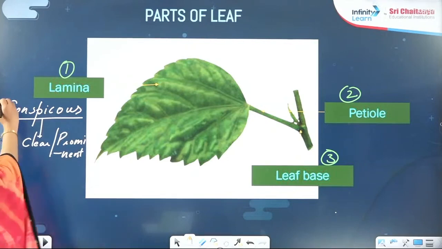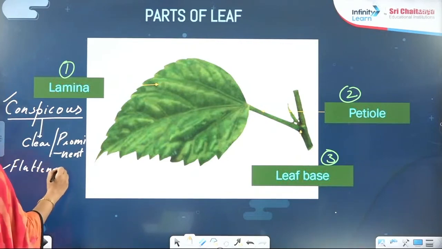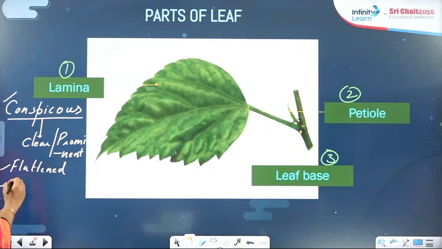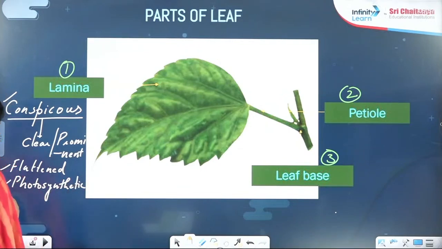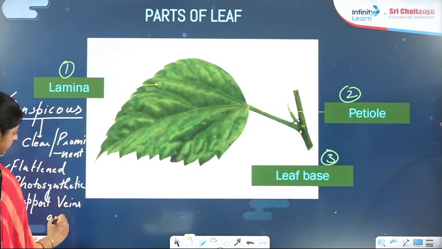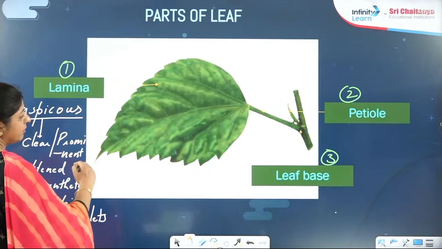The lamina is the flattened part and the main photosynthetic part, and it is supported by veins and veinlets.